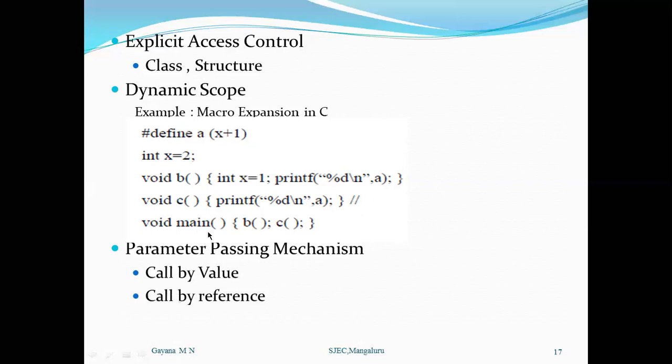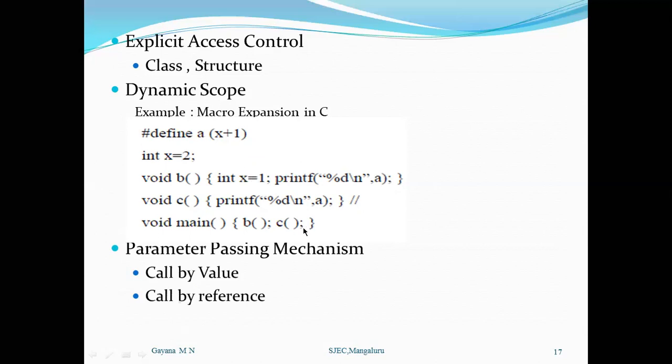Your program executes from the main function and then you're calling b, the control goes to b, and here it takes the value of this x because the scope of x equal to 1 is within b, correct? x equal to 1 and then you're printing the value of a. But what is a? a equal to x plus 1. But what is x? x equal to 1. So what will be printed over here? It is 1 plus 1 equal to 2, correct?